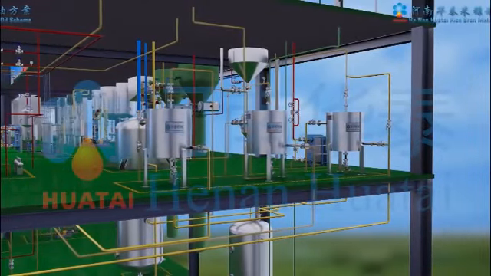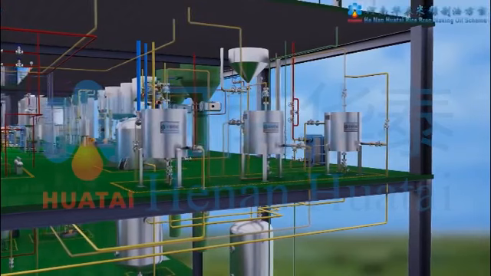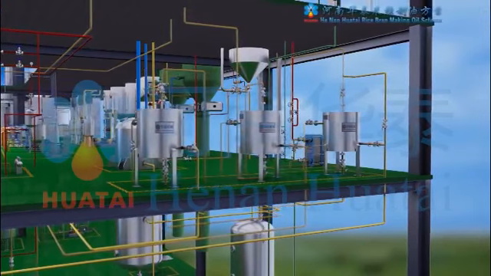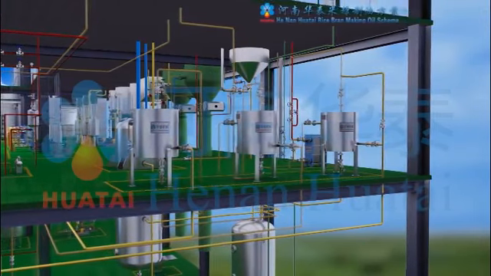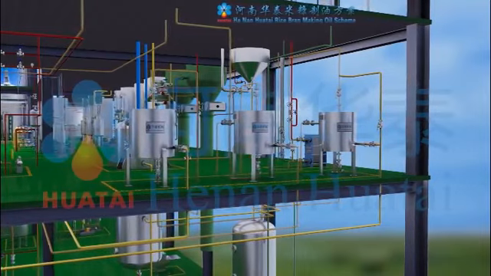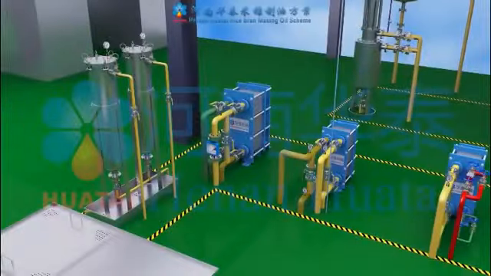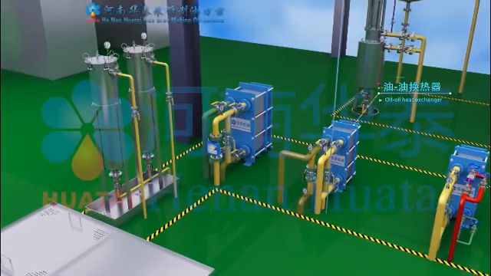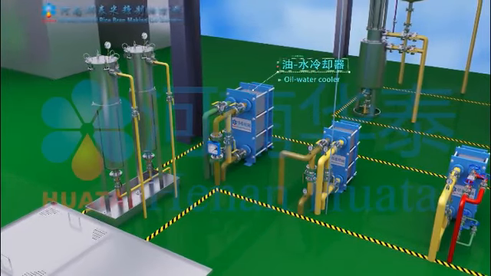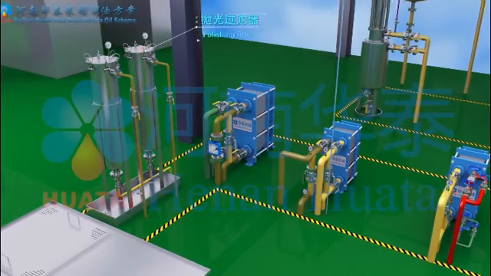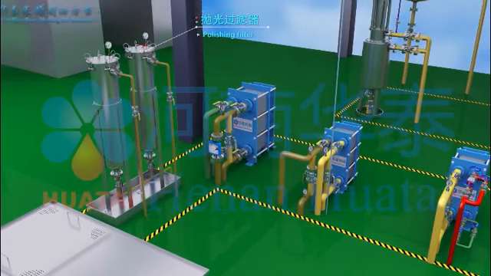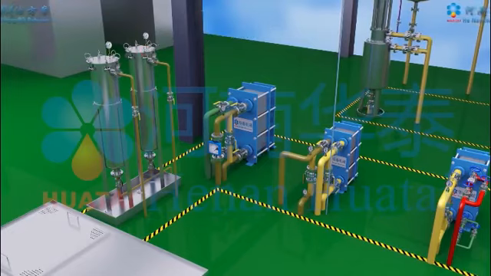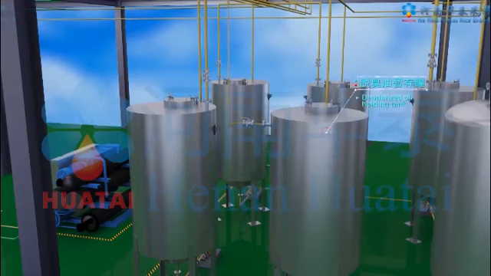After heat exchanging, the oil enters the oil plate heat exchanger, and finally comes into the oil water cooler. After polishing by the polishing filter, the cooled deodorization oil enters the deodorization oil temporary storage tank.